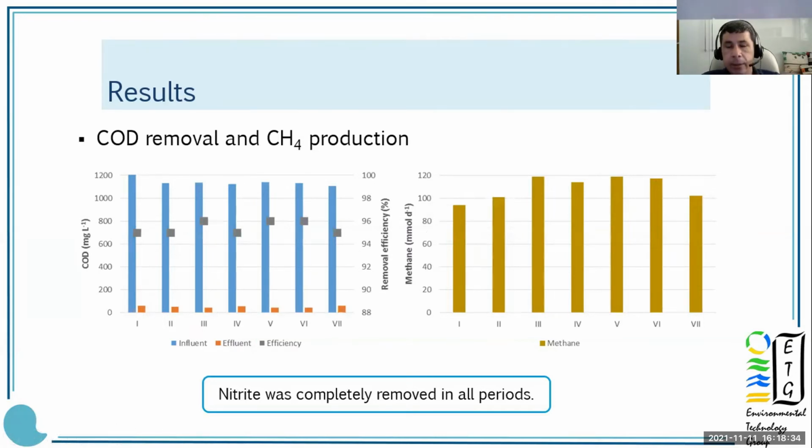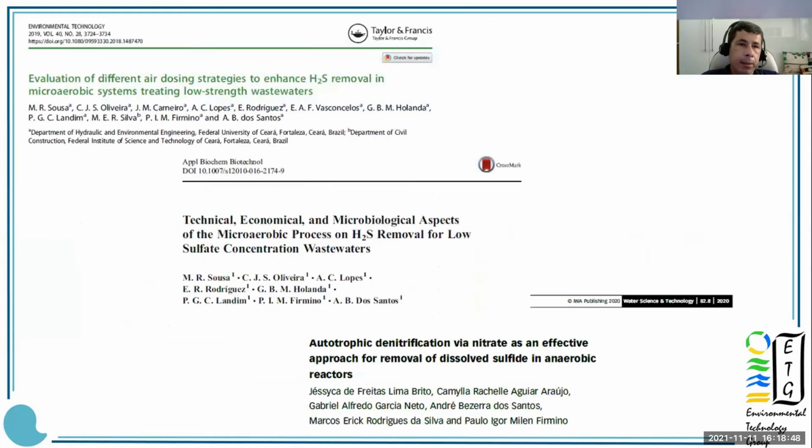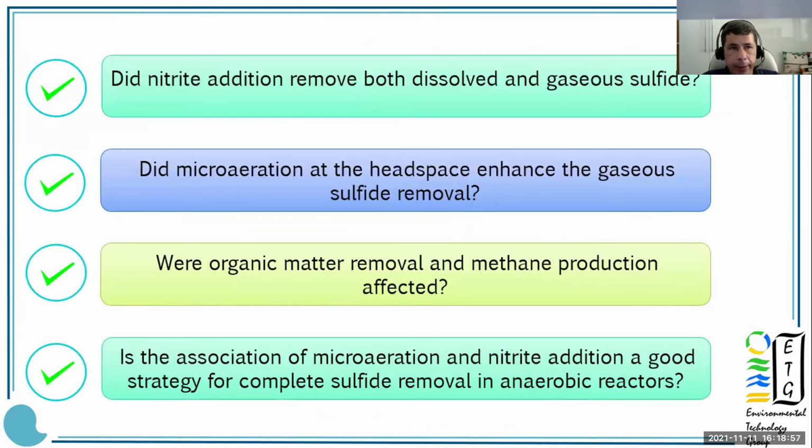It's important, and I'm not presenting it here, to evaluate the methane content in the biogas, which must be higher than 40% for this biogas to be used as a combustion fuel. Okay, these results resulted in a few papers that I'm presenting here. And here is a conclusion for this part of the research.